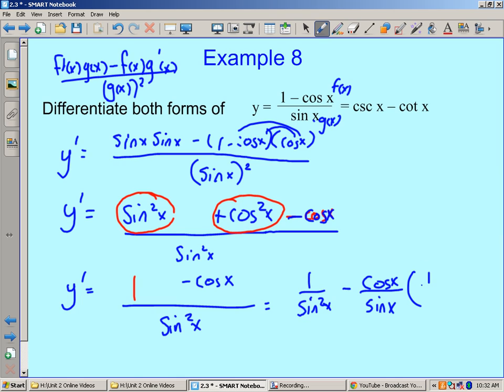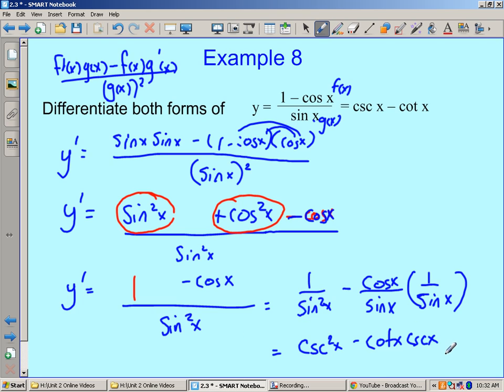So just using the properties, since I'm subtracting here, I can break them apart. So 1 over sine squared x, I believe, is cosecant squared x. Cosine over sine is cotangent x, and 1 over sine is cosecant x. So that would be my whole thing simplified as far as I can for the first half.